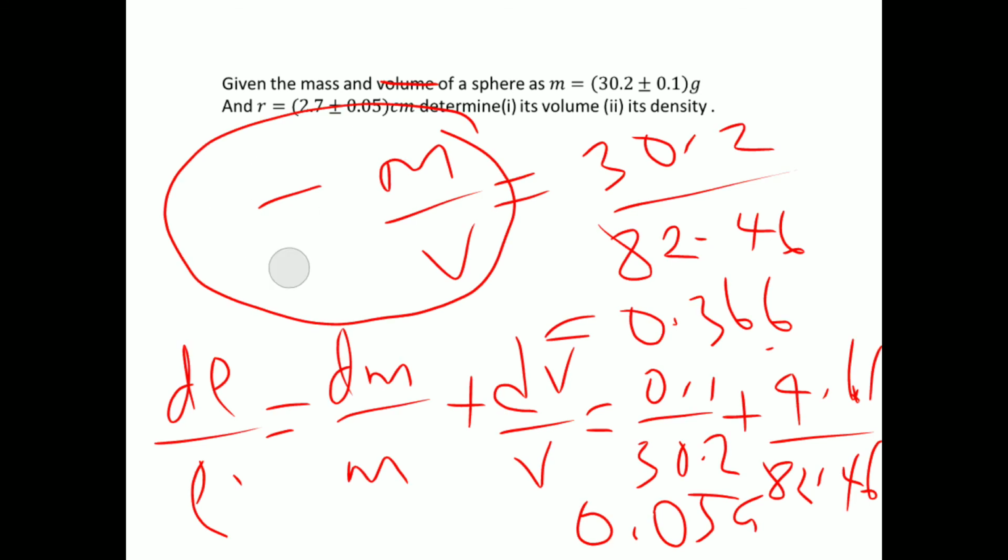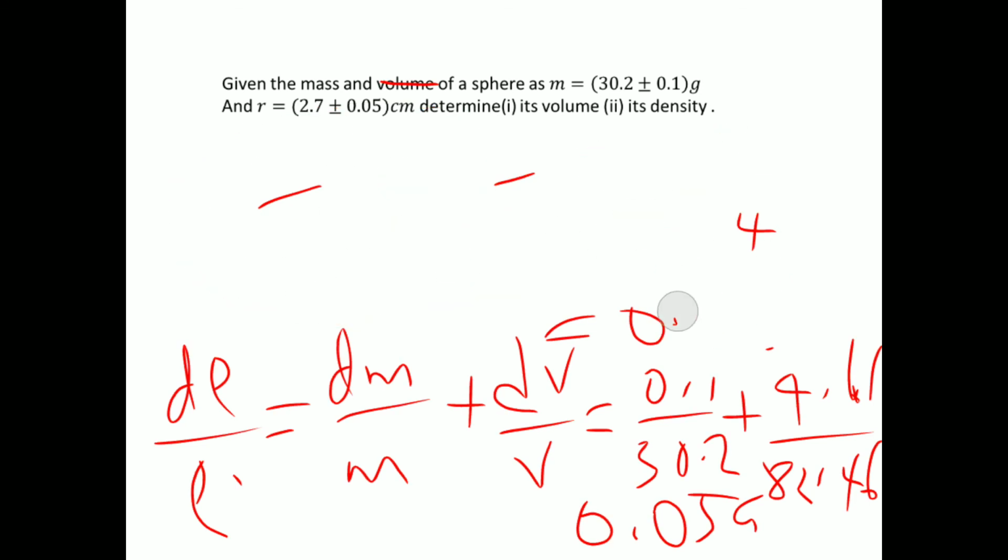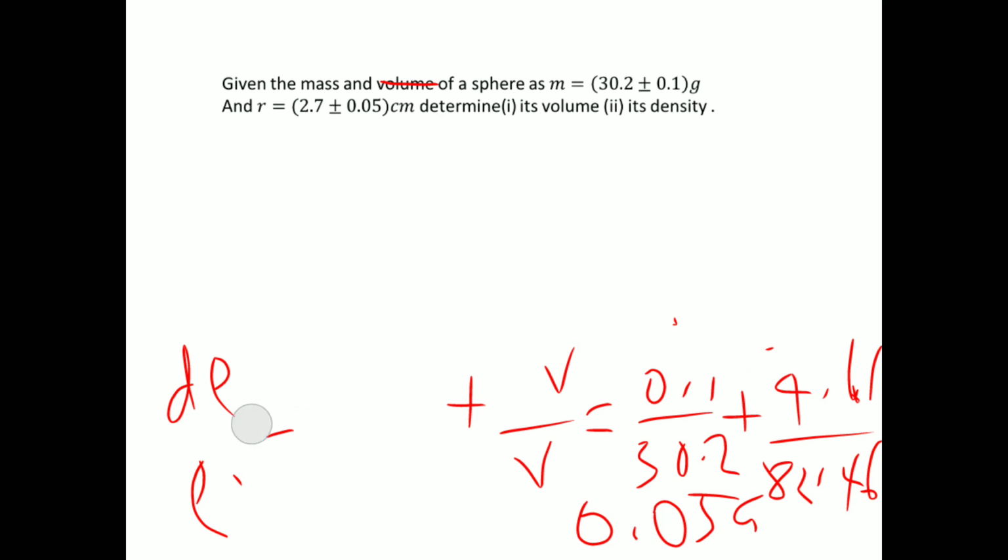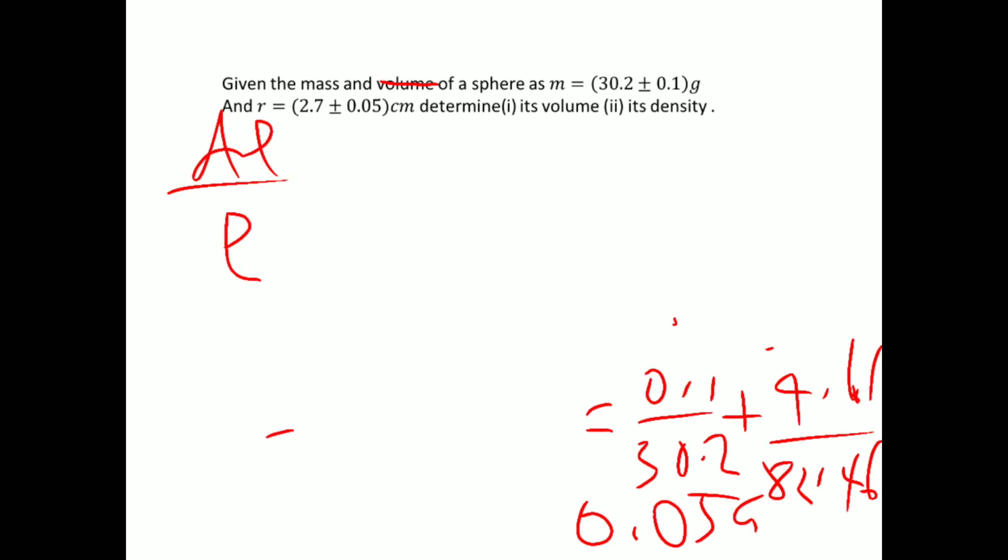So the relative error of density, rho over rho, is equal to 0.059. We can replace the density here with the value we got for density earlier, which is 0.366.